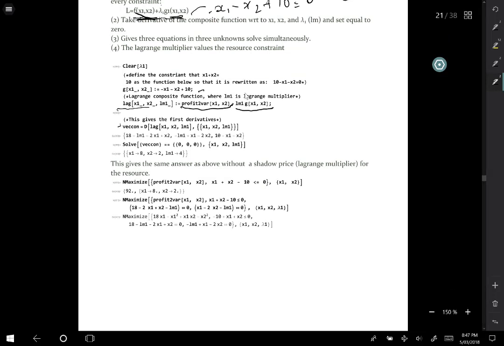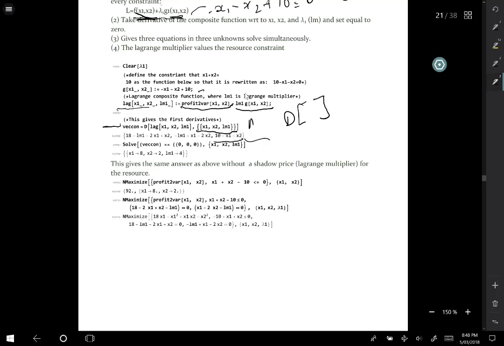You then use the derivative command, and in the derivative command you have a list of your variables, which are x1, x2 and Lagrange multiplier 1, and that gives you three partial derivatives: the one with respect to x1, the one with respect to x2, and the one with respect to the Lagrange multiplier.